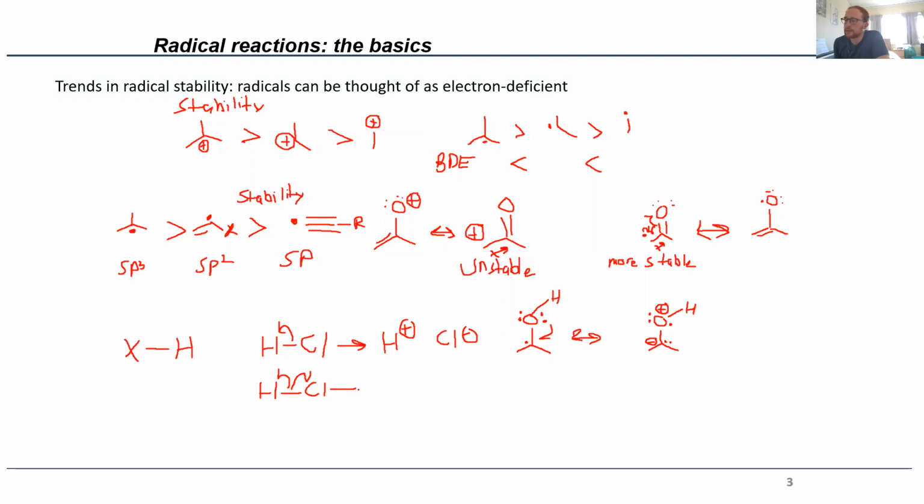So to make H dot and Cl dot, we have to recognize that these species here are different, right? The chloride anion is different than the chlorine radical and has a different energy associated with it. And so while HX bonds are quite acidic, right? They're acidic.